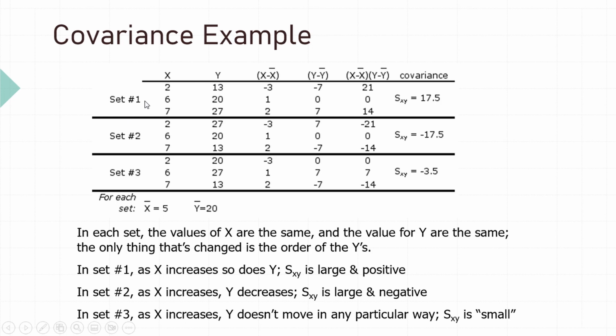In set 1 the dependent variable is 13, 20, 27. In set 2 it is 27, 20, 13, and in set number 3 it is 20, 27 and 13. We have changed the order, and we have calculated the covariance in the three data sets.